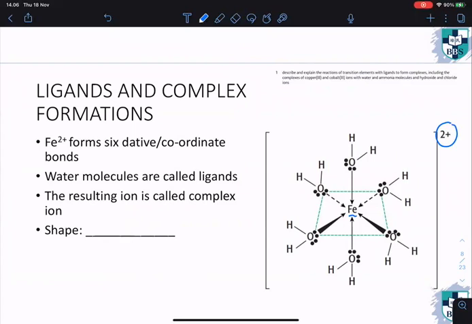Water is neutral. So if all of them are 0, and the entire thing is +2, it means that the +2 belongs to Fe.